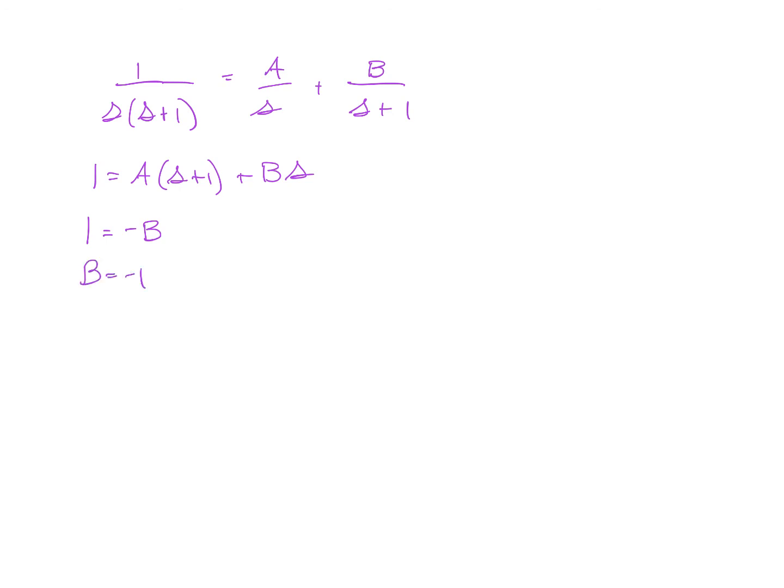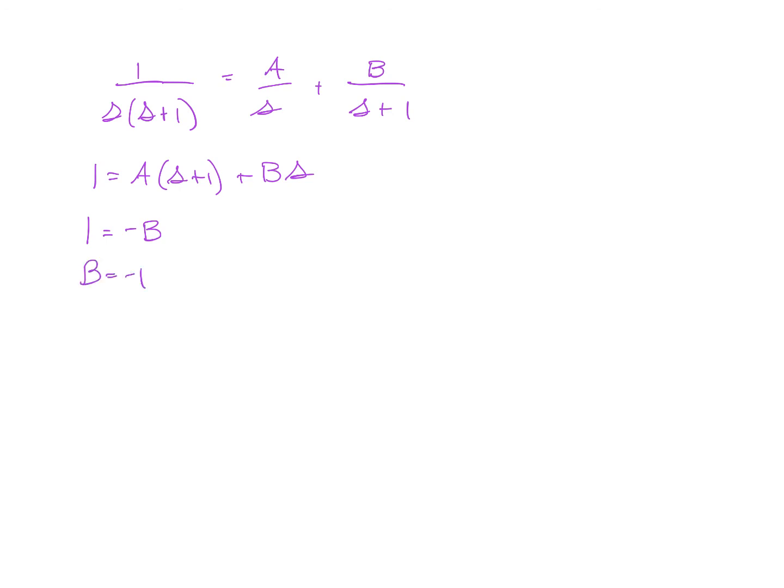1 over s times s plus 1 equals a over s plus b over s plus 1. So we have 1 equals a times s plus 1 plus b times s. And then if I make s negative 1, I get 1 equals negative b, which means b equals negative 1.